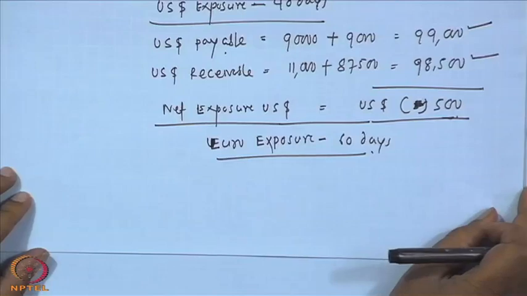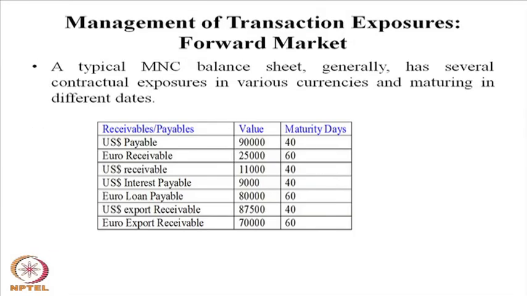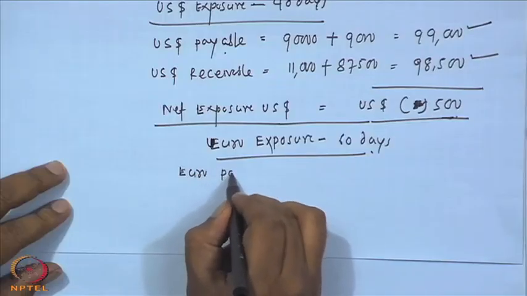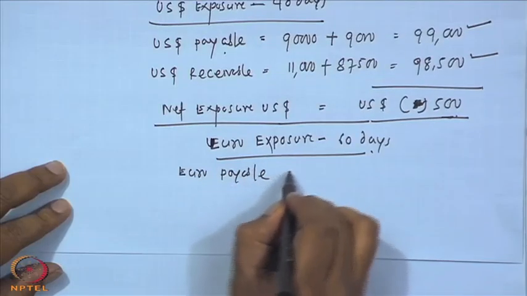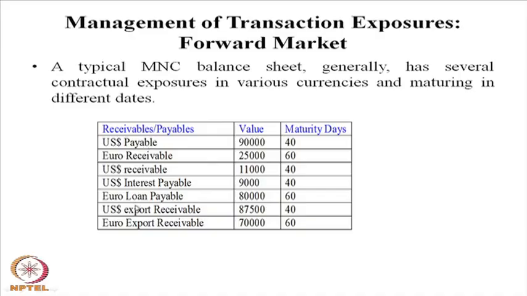On the euro payable side, first you have to identify the euro payable. The euro loan payable is 80,000 euro.